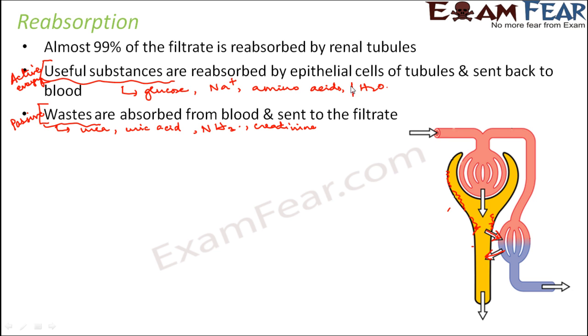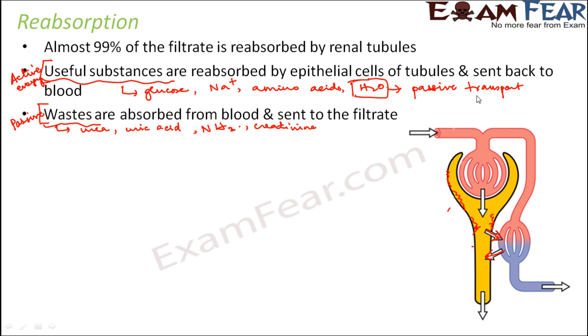And what about water? How is water transported? Water will also be transported by passive transport, that is without any use of energy. Passive transport means no input of energy. The transportation takes place from a region of higher concentration towards a region of lower concentration.